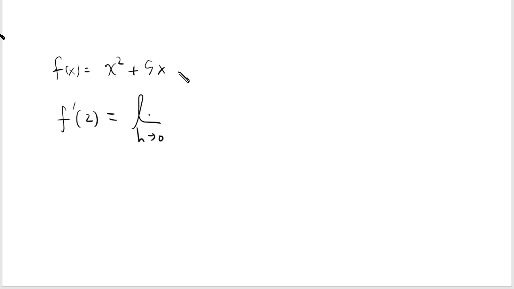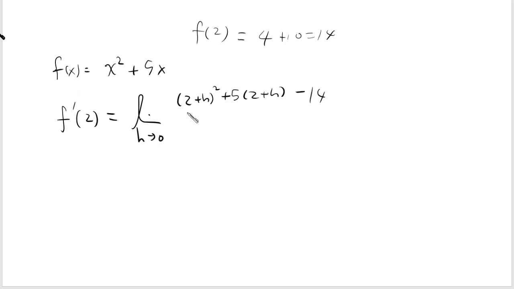So all these x's are now replaced by 2 plus h, minus the value of f at 2. Let's see, what's f of 2? That's 4, and then plus 10, so that's 14, right? So you subtract 14 and divide it by h. And already you see that it's kind of complicated because you have to expand this, you have to FOIL this out, so it's a lot more calculation involved.